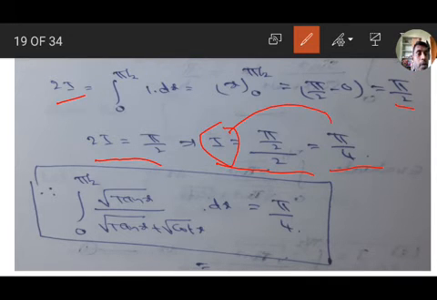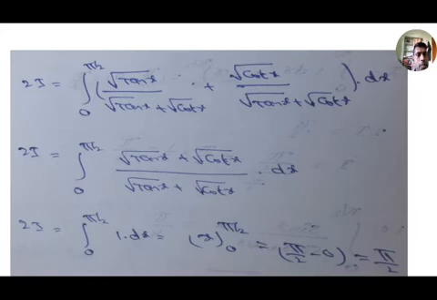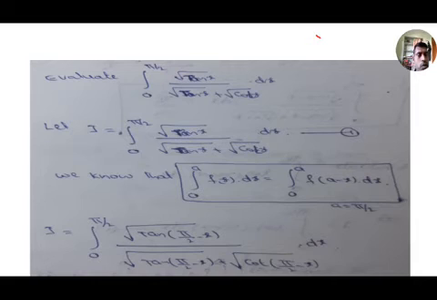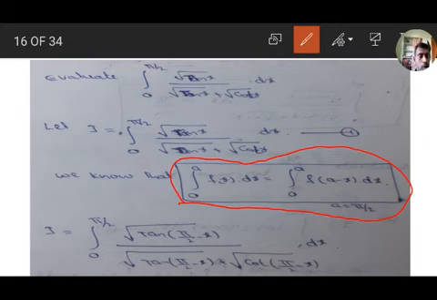I equal to pi by 4 means integration 0 to pi by 2 square root of tan x by square root of tan x plus square root of cot x dx equals pi by 4, is the answer. This problem is the same as the first problem, using only this property: integration 0 to a f of x dx equals integration 0 to a f of a minus x dx, where a equals pi by 2.